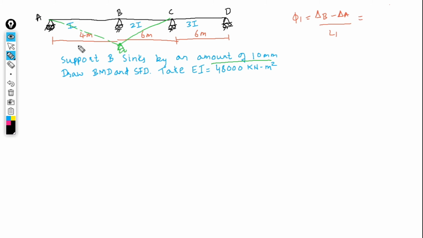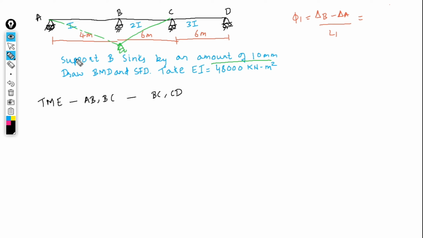In this beam, a 3 span continuous beam is given, so we can apply the three moment equation. First to AB, BC. After that we can apply it to BC, CD.